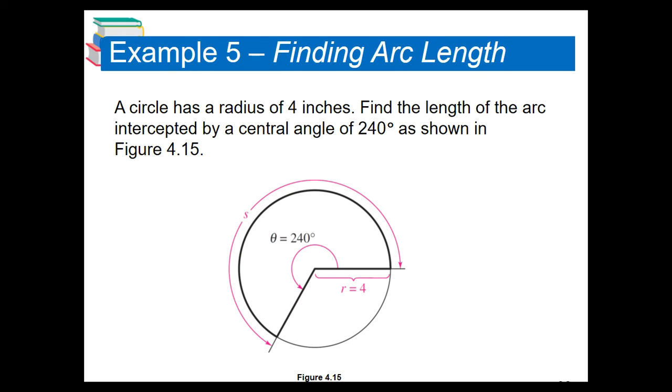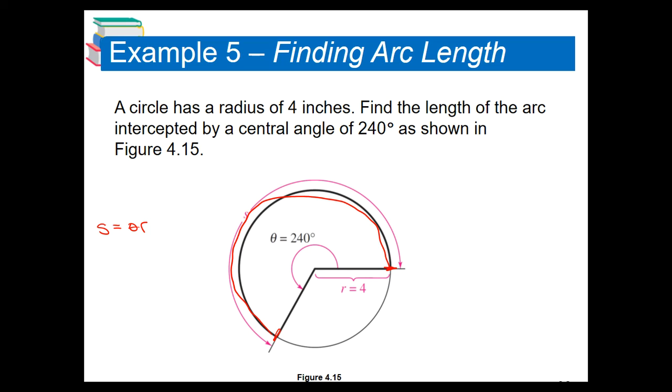So here it is. A circle has a radius of 4 inches. The radius is 4, so that means this is 4 right here too. Find the length of the arc intercepted by a central angle of 240 degrees as shown in figure 4.15. So this is a 240 degree angle, and what they're wanting to know is the measurement of this arc length. We said S, the arc length, equals theta times the radius.